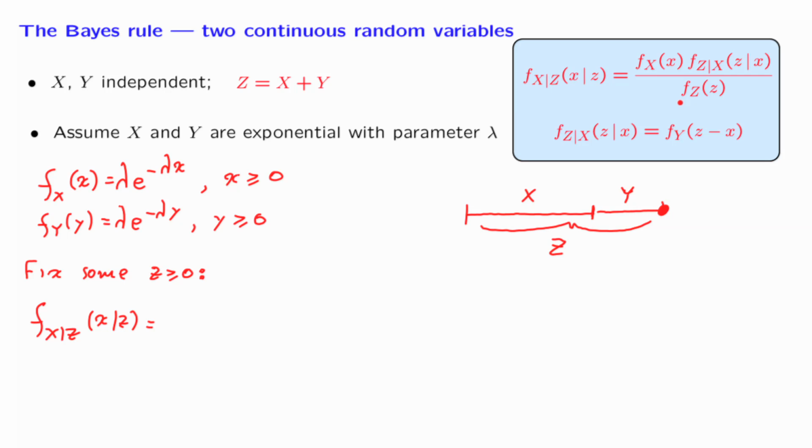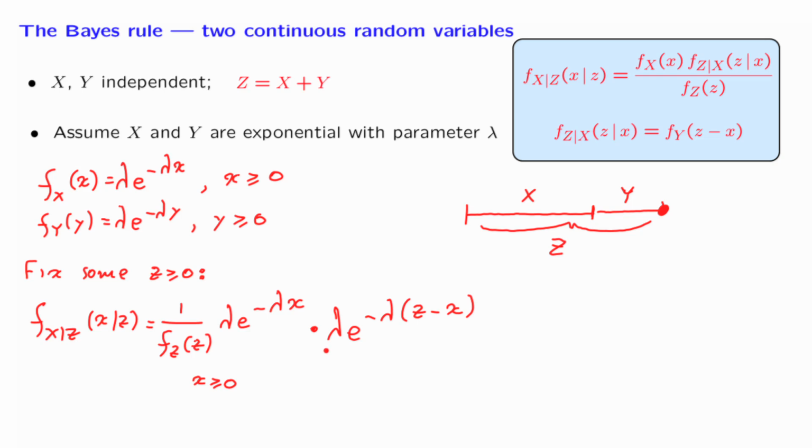what we got is, let's first put down the denominator term. And here we have lambda e to the minus lambda x, and this is valid when x is non-negative. And then we multiply with this conditional density, which is the conditional density of y evaluated at z minus x. And this is going to be lambda e to the minus lambda (z minus x).